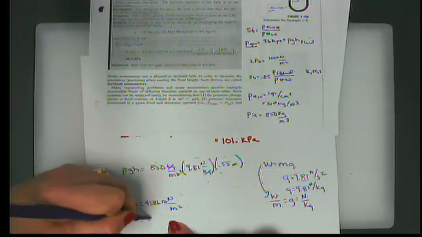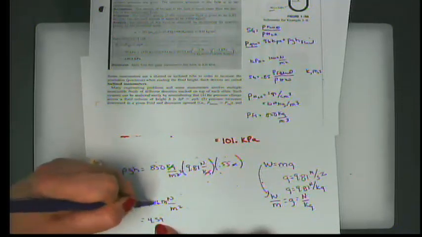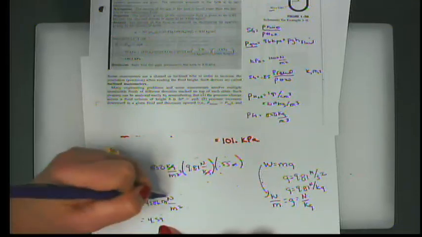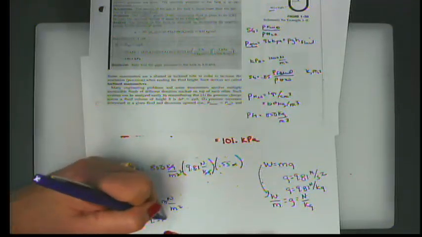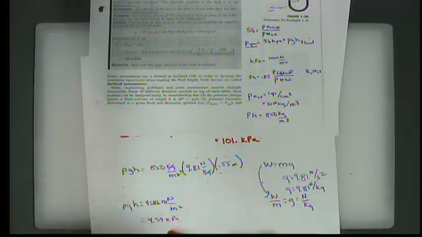Okay, Newton per meter squared is a Pascal. So if I want to report that in kilopascals, I would say 4.59. That would be thousands of Newton per meter squared, which is kilopascal. So that means that the depth of this fluid column, or the difference in height of this fluid column, represents a pressure of 4.59 kPa greater than atmospheric pressure.